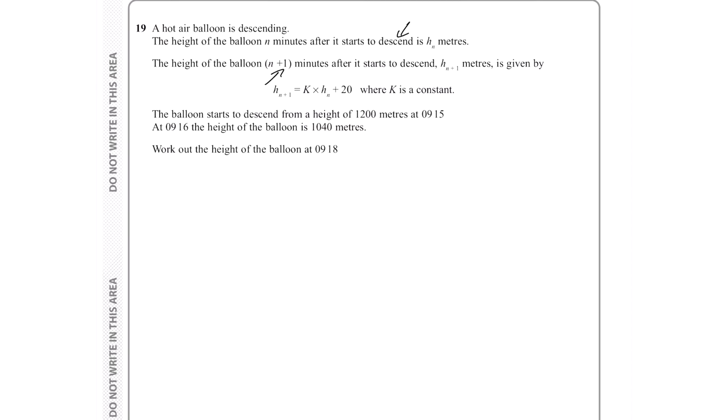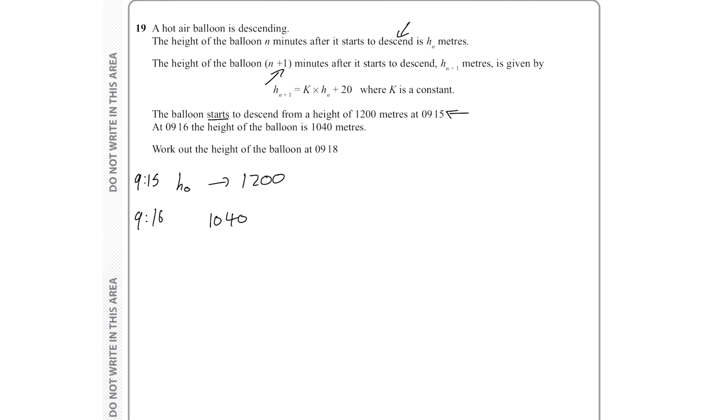If you read this line here, it tells us the balloon starts to descend, so h0, at 9:15. So that is going to be 1200. And then at 9:16, it's reached 1040.